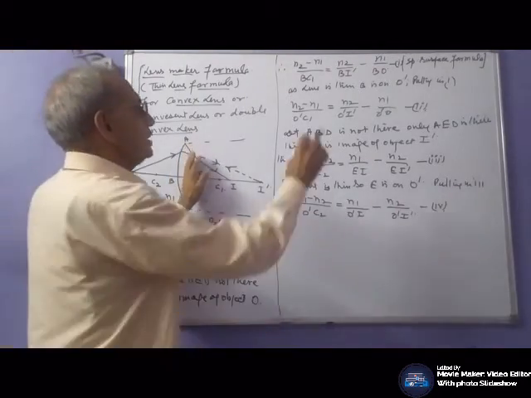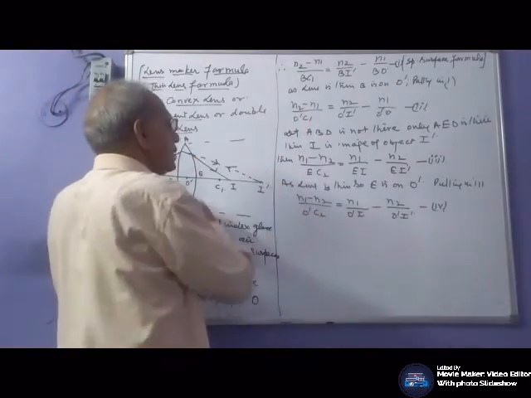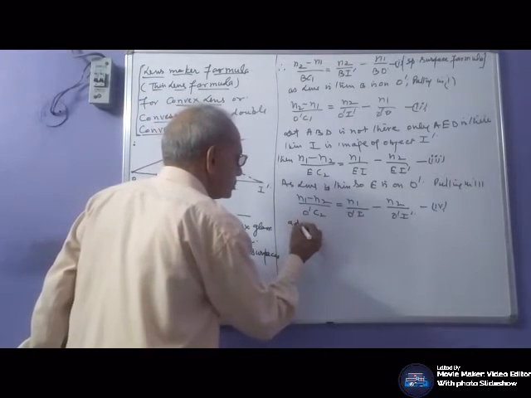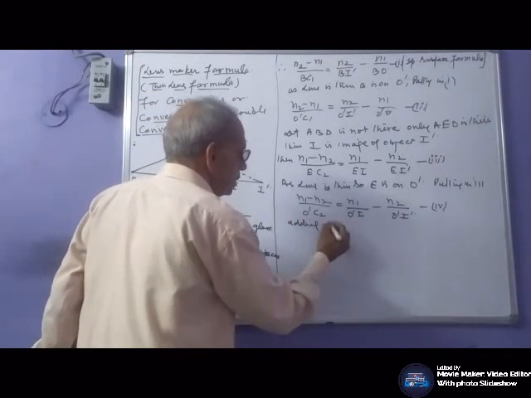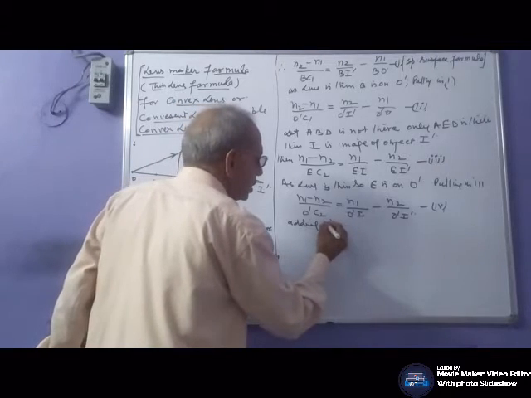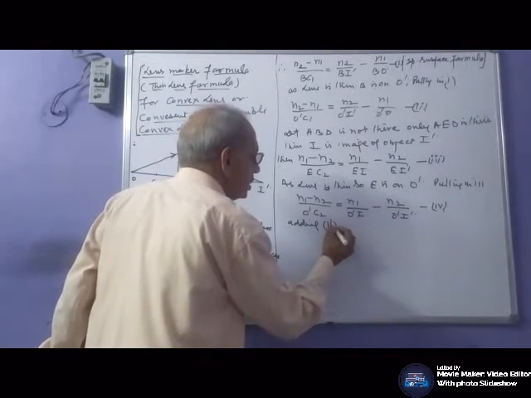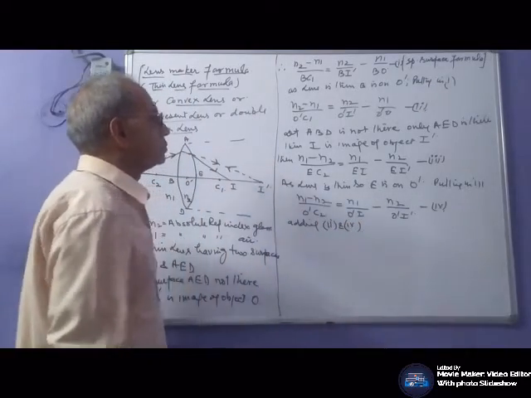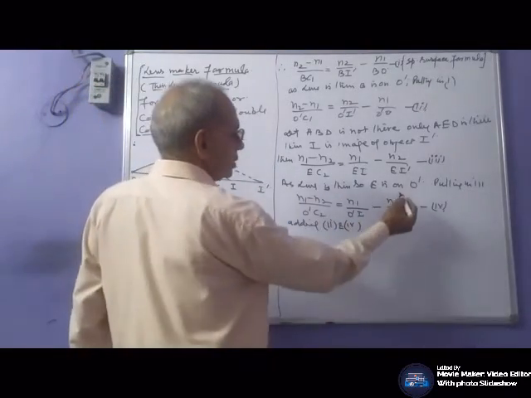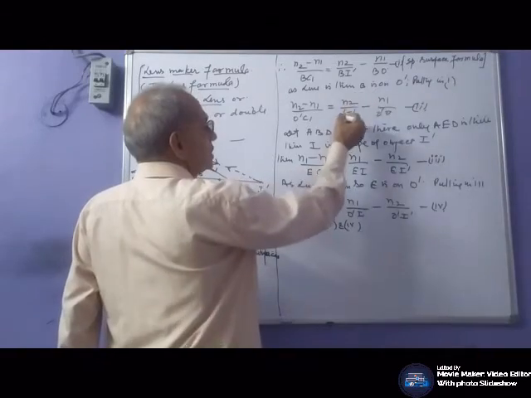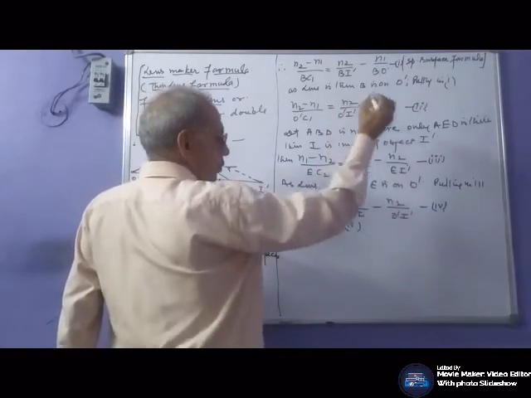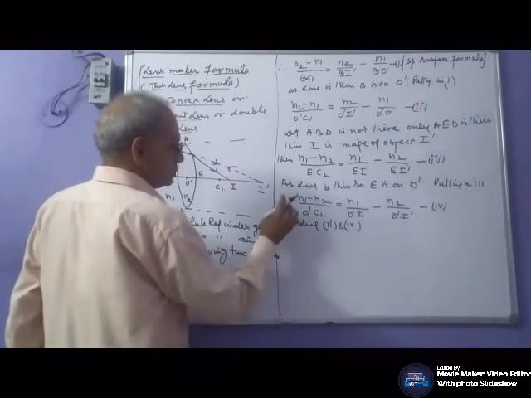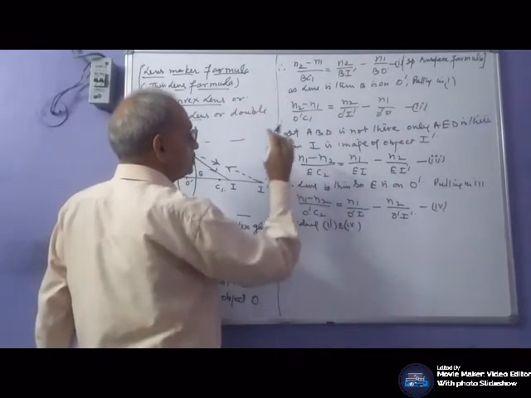From one surface this is the equation, from the second surface this is the equation. Adding for the total lens, adding first, second and fourth equations, this will cancel by this. Add them.